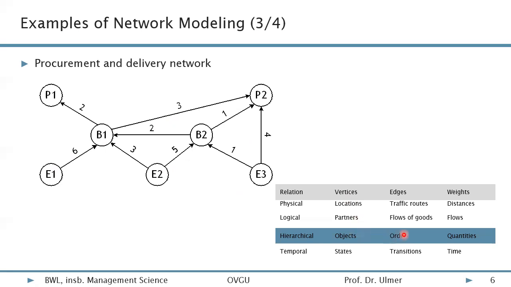The edges are the order in what comes first and where does it go to, and the weights are the quantities, how much gets into this. So you see, while in transportation we often assume a network is just locations and connections, a network can be a lot of things.